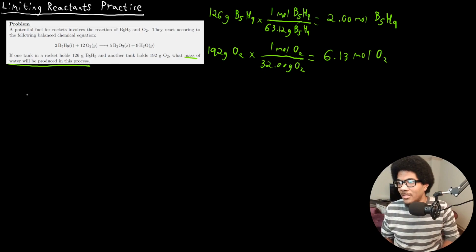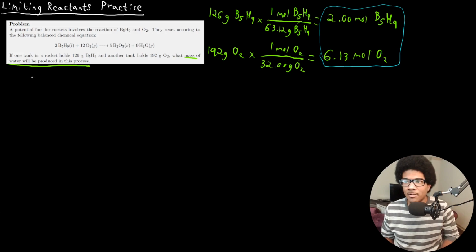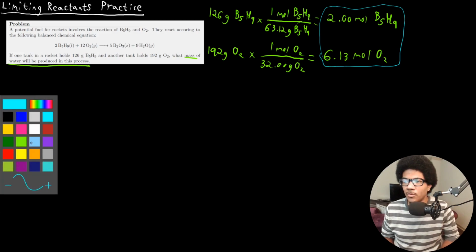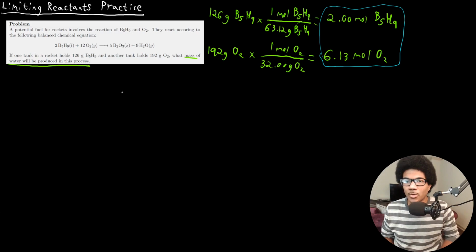Okay, so again, these are the actual amounts that we have. I'm going to put these in a little box here. So these are the actual amounts of pentaborane and O2 that we're starting with. Now we want to determine which one is going to run out first. So in order to determine this, I'm going to take the 2 moles of B5H9 and ask the question, how much O2 would it take to consume this amount of pentaborane?